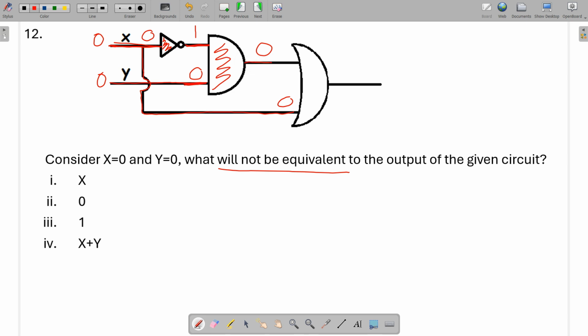That means 0 is the one flowing to this OR gate on one hand, and on the other line it is receiving another 0. Since this is an OR gate, the output is the Boolean addition of the inputs. So 0 plus 0 is going to be 0. Definitely this is going to be the output.